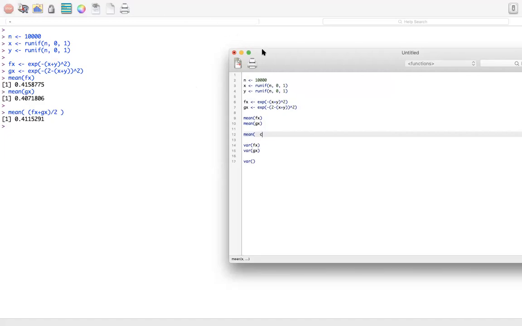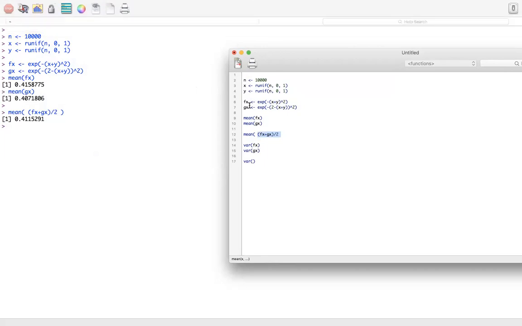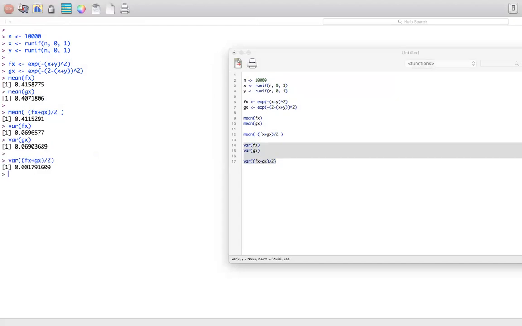Actually, copy this, paste. All right. As you can see, the variance of the Monte Carlo estimator obtained using antithetic variables is much smaller.